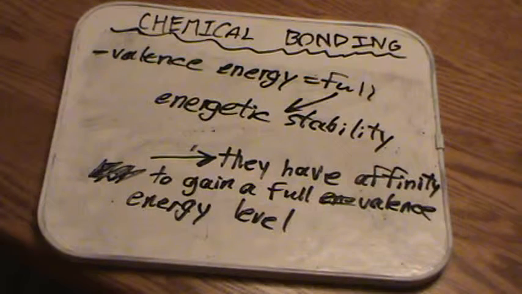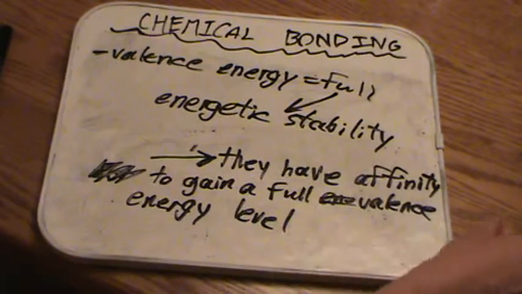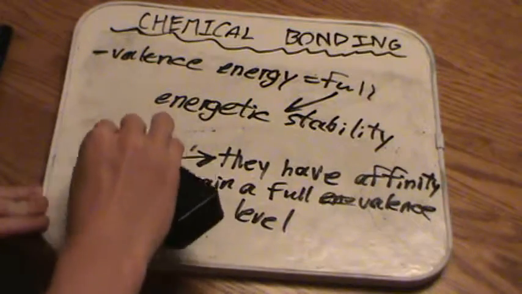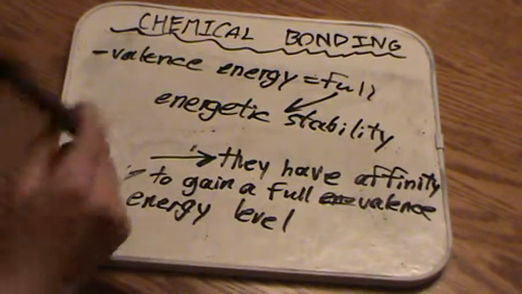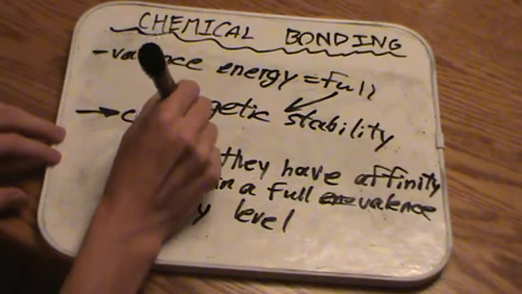This attraction between the protons in the nucleus and electrons in the energy levels, the atoms want to create a state of lowest energy as possible. And so this is why they bond, to form what is called a compound.